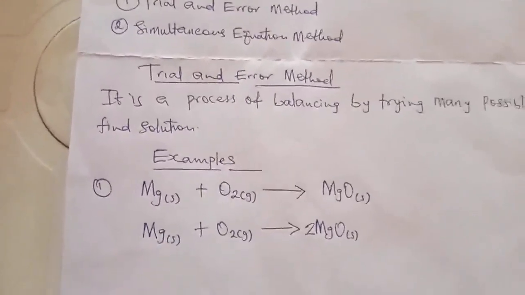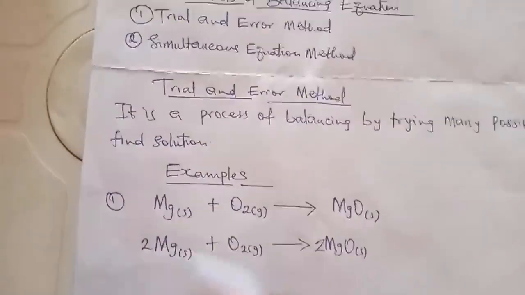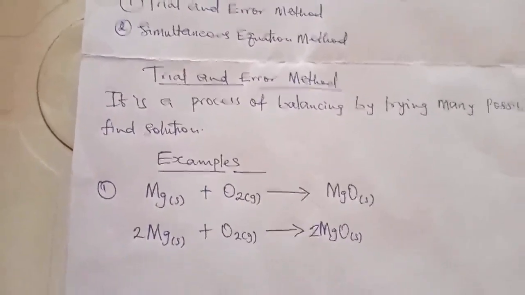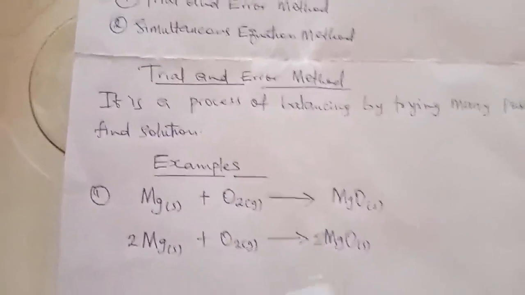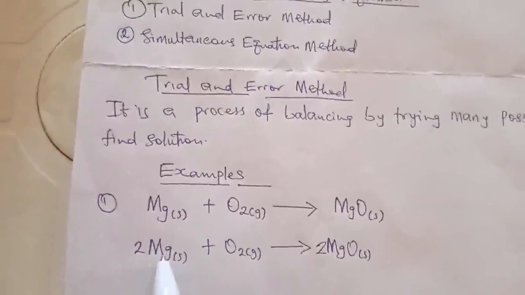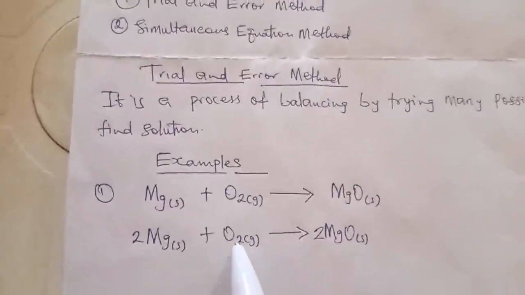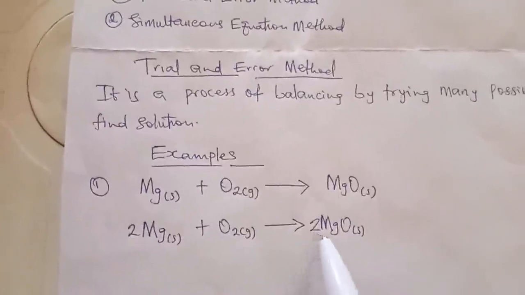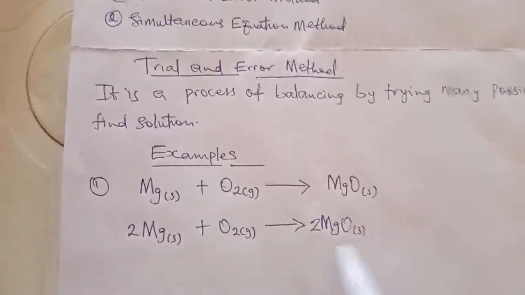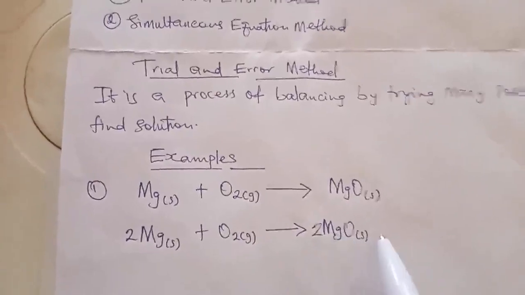So for me to balance it, I can also add 2 to this one. So looking at this now, we see that the reaction is already balanced. We have two magnesium atoms here, that's two times one, and we have two oxygen atoms here. Looking at this product side, we have two magnesium and two oxygen. These two multiplies everything here.